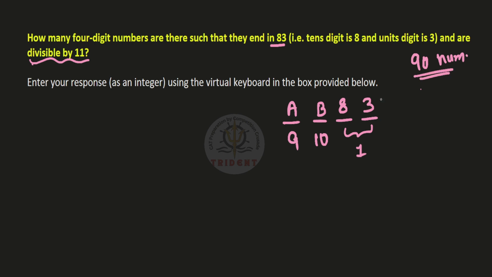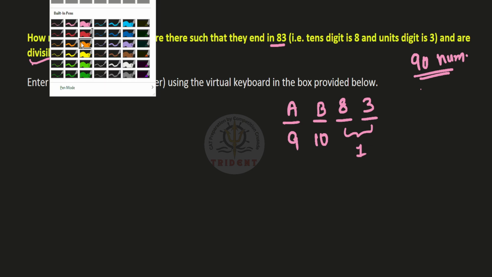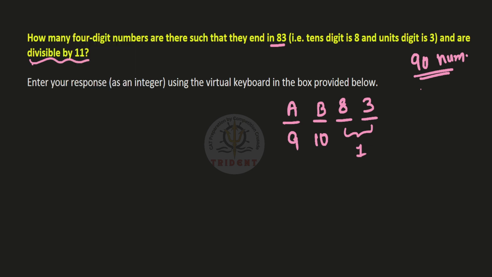Of these 90 numbers, we are supposed to calculate the numbers which are divisible by 11. So this would be a good time to understand the divisibility rule of 11.